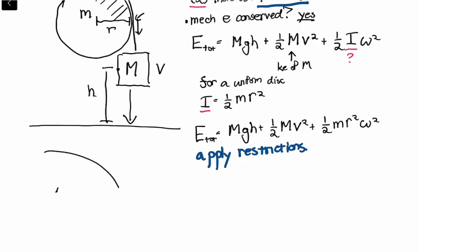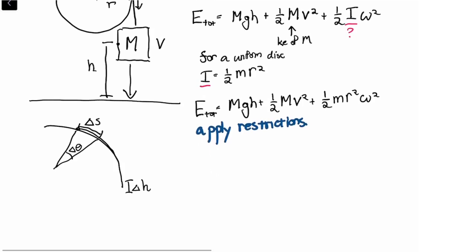If this is my delta theta of my wheel, right, then this is delta s. This is the change in the total distance covered by some object on the edge of the wheel, which is equal to my string, which is the same as delta h of the mass. Also, you'll notice that for the angular speed, right, the velocity of the outside of the wheel is omega r.